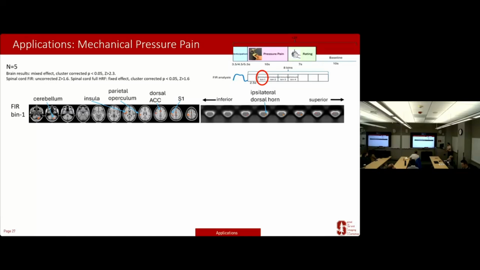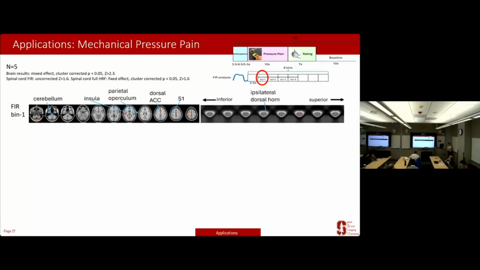We have to keep in mind that there's a few seconds of hemodynamic delay, so I expect this period will show some activation related to pressure pain, maybe just the beginning. And we indeed see activation in the primary sensory cortex, ACC, insula, and cerebellum.